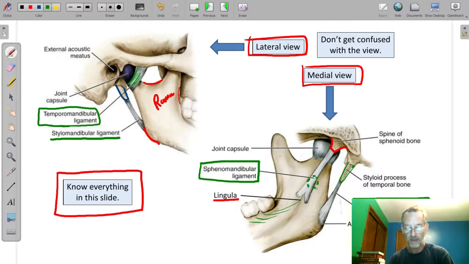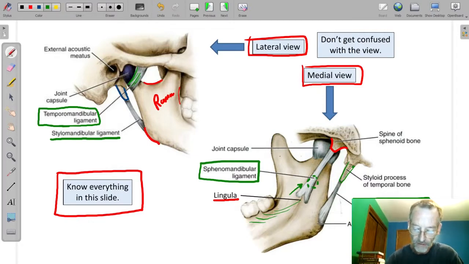And the sphenomandibular ligament, as you'll read about, is sometimes a barrier to anesthetic agents. If you inject in this area, you are hoping that that anesthetic agent will contact the nerve that's entering that foramen. Sometimes the sphenomandibular ligament can be a barrier. You just work around that.